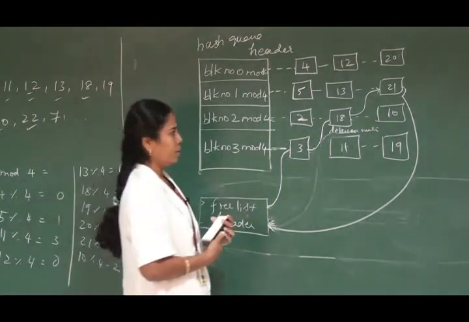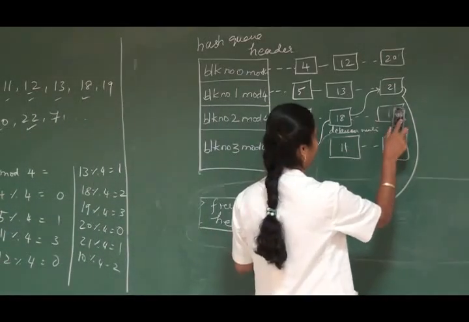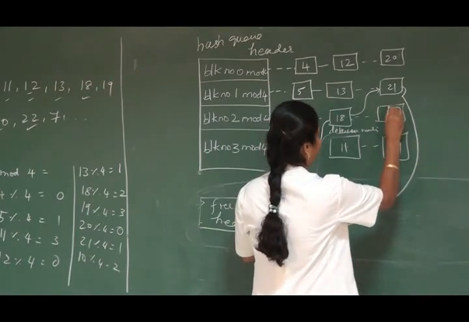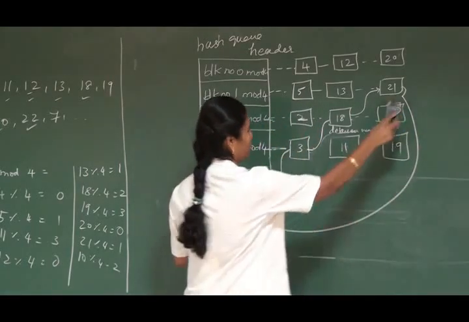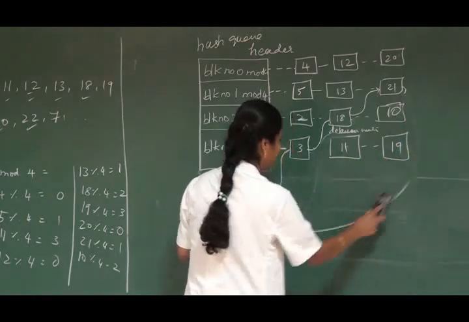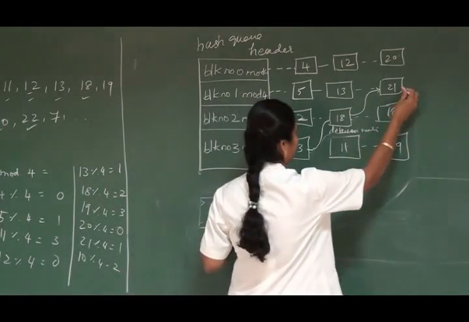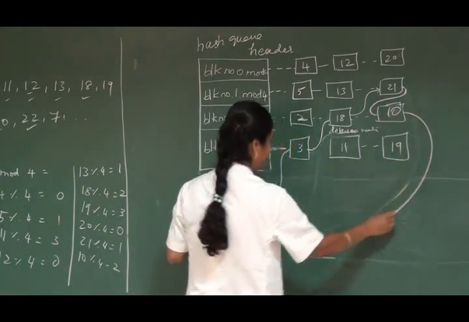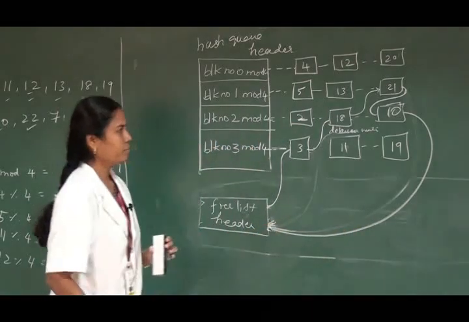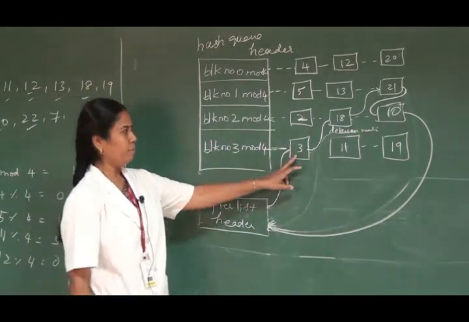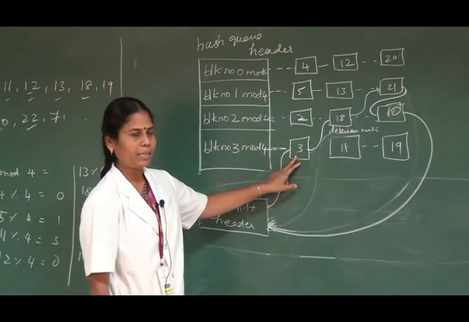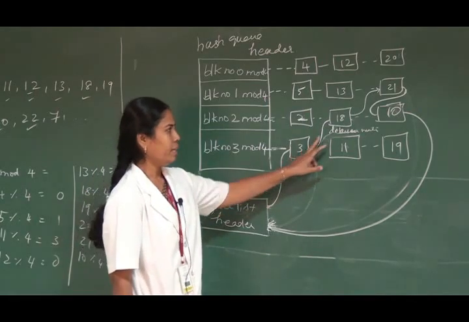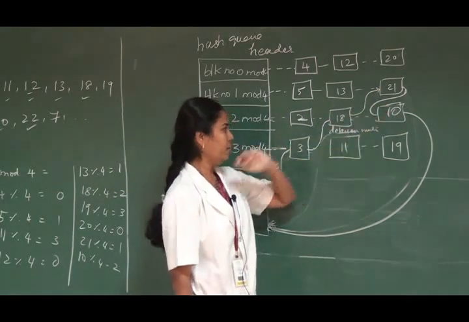Then another block 10 is again freed, so the 21 will be pointing to 10 and then 10 is pointing to the free list header. Now 4 blocks have become free and are added in the free list: 3, 18, 21 and 10.